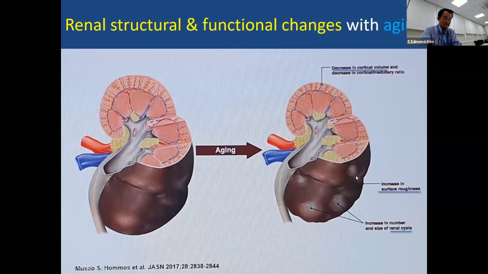Just like the brain, there's some roughness on the surface, and we see quite a few cystic things in the kidneys with aging. It's just like any other organ system. So those are degenerative processes.